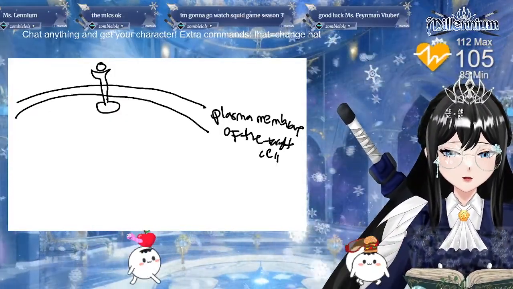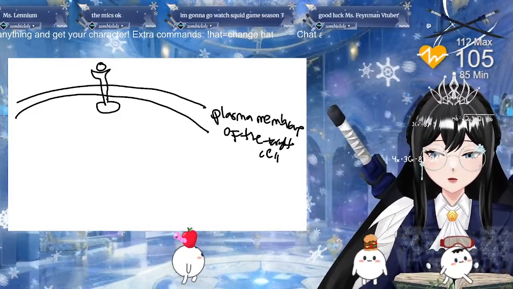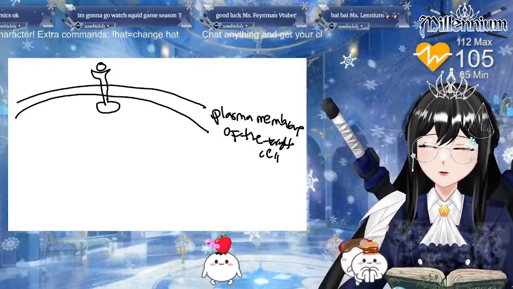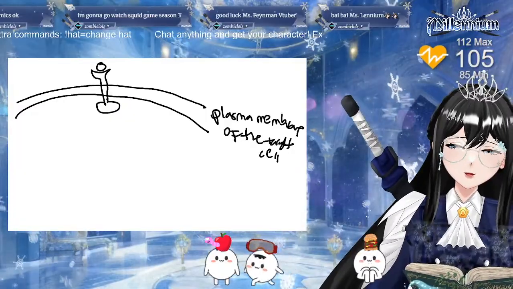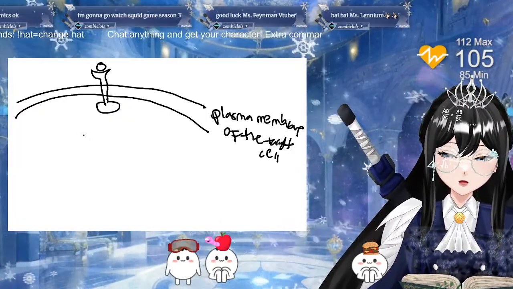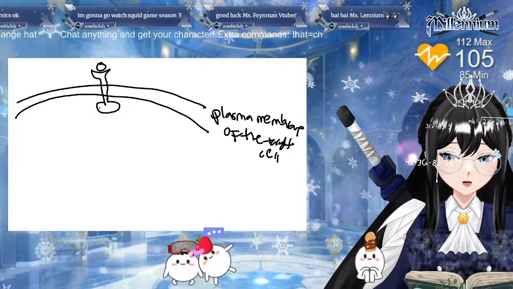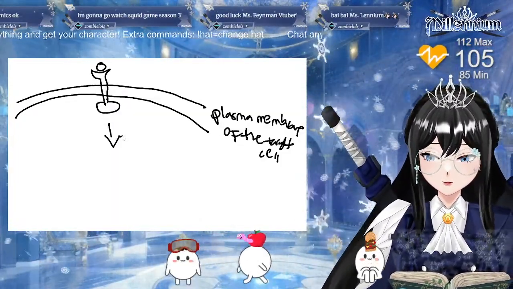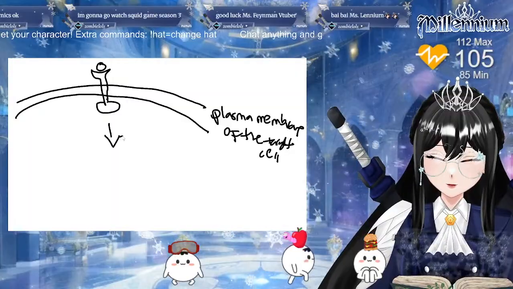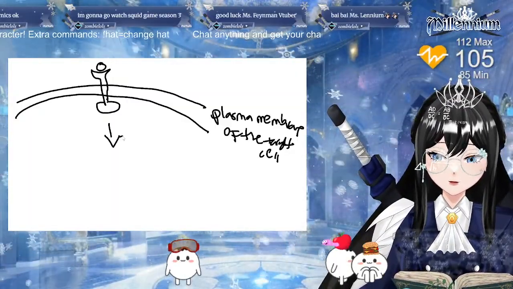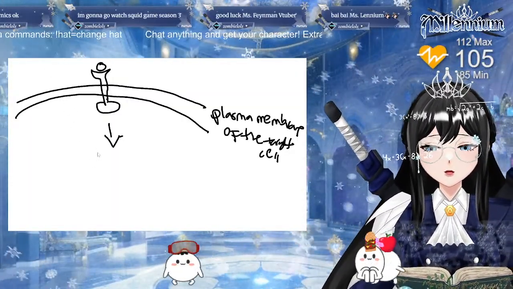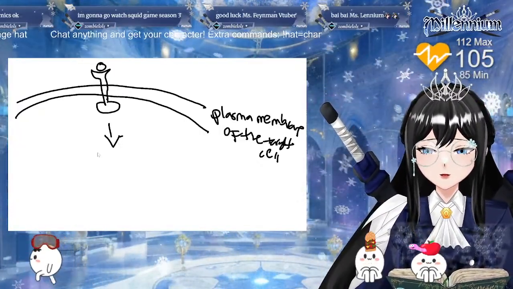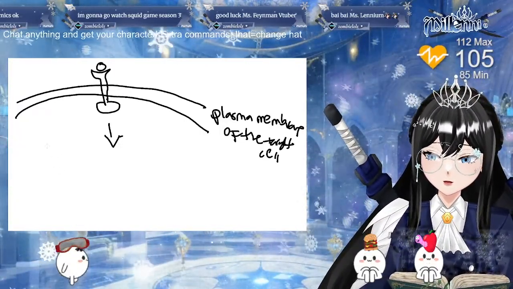Okay, so you have the receptor and then you have your signaling molecule above there. It will attach. You have the extracellular signal molecule going to the receptor, and then after that, it will go down to the intracellular signaling stuff.